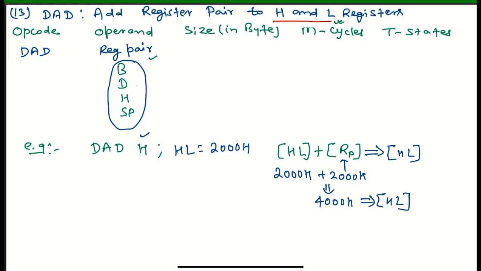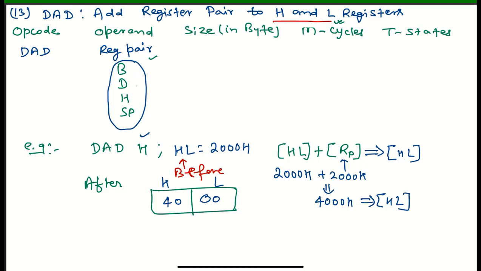So this is the data before execution of this instruction. After execution of this instruction, if you check the content of HL, it is 4000H. So this will be the result.